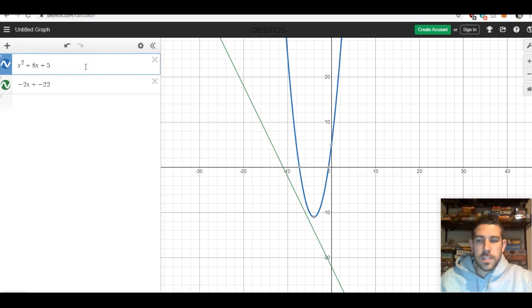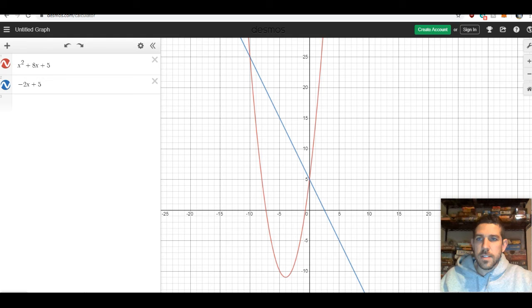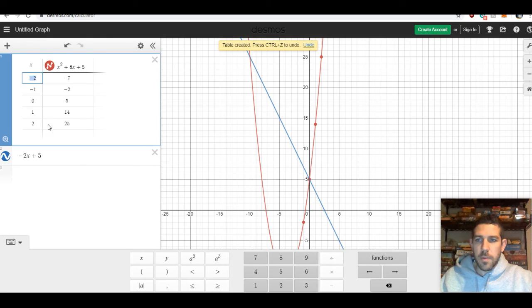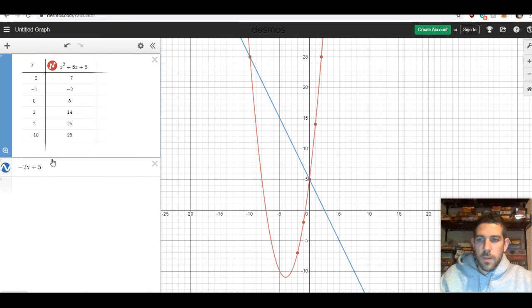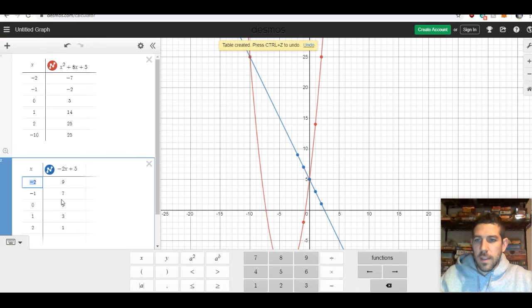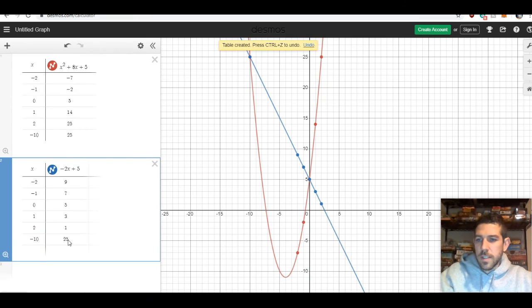And of course, lastly, our graphing calculators have the ability to look at tables. Here's back to the original one. If we were to look at the table values and go to the value of negative 10, we see that the y was 25, and for the second equation, if it also had an x value on the table of negative 10, you can see both table values match at negative 10, 25.